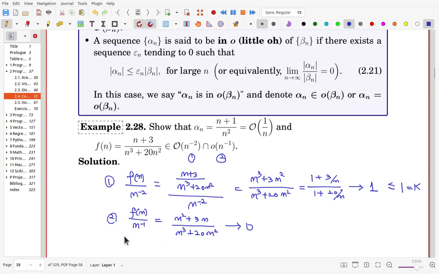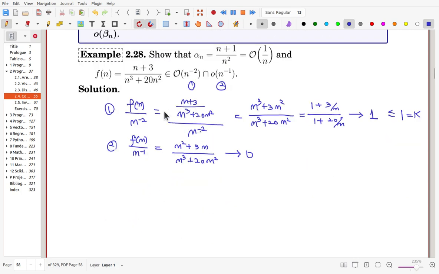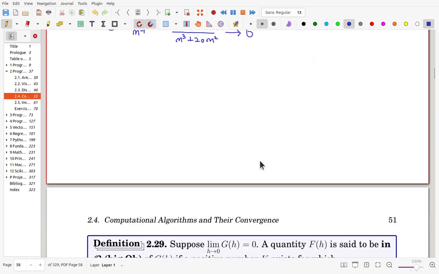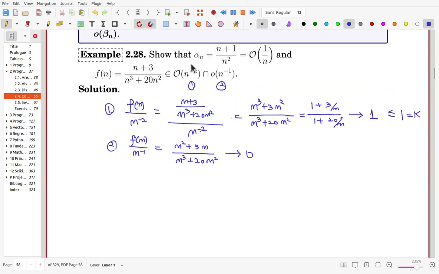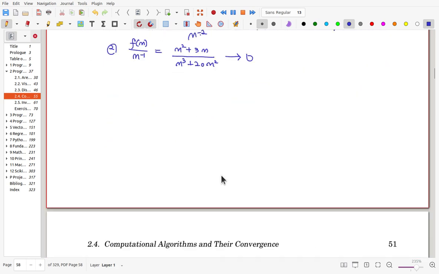As n increases and approaches infinity, we can see that the ratio, absolute value, is approaching 0. So that means that f of n is in little o of n to the minus 1. So we proved that. For the other one, you may check it yourself.